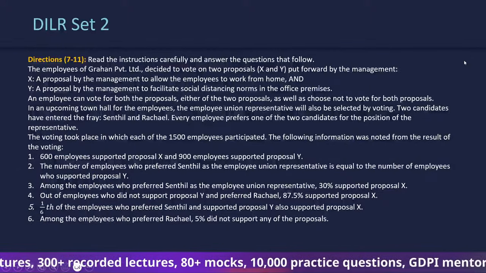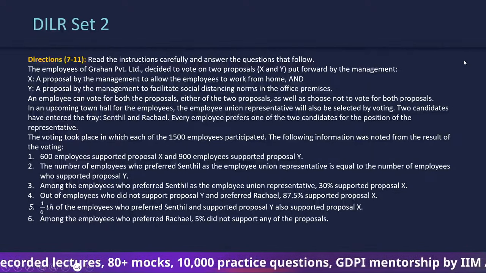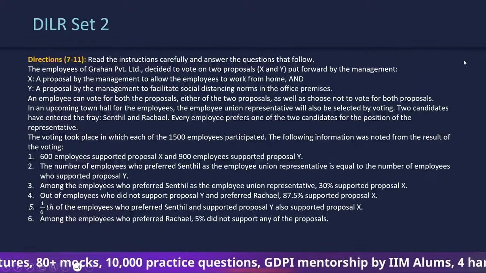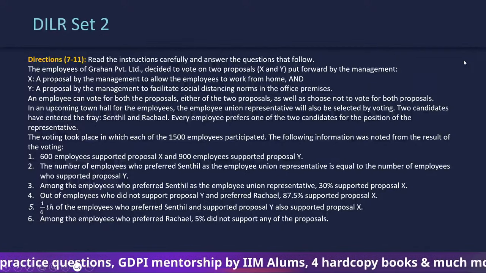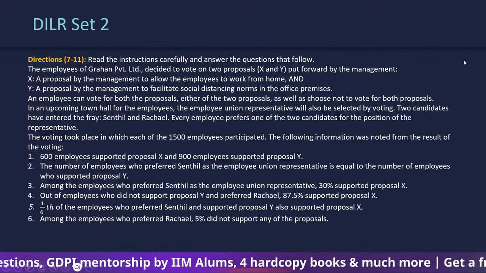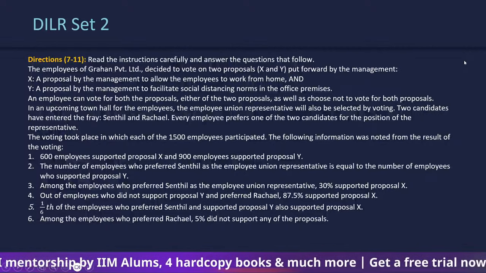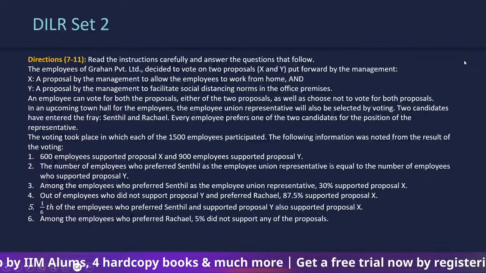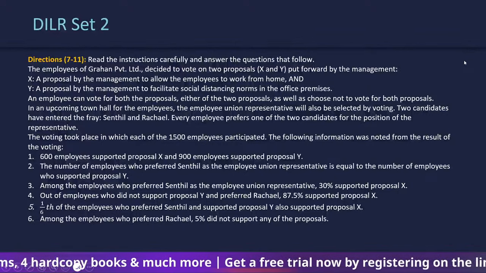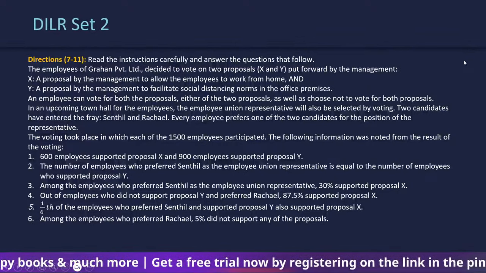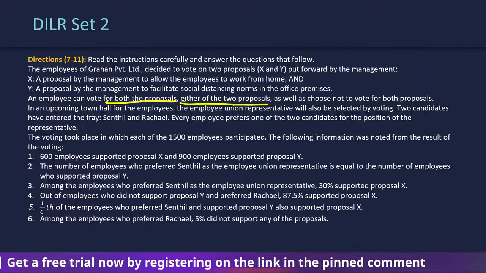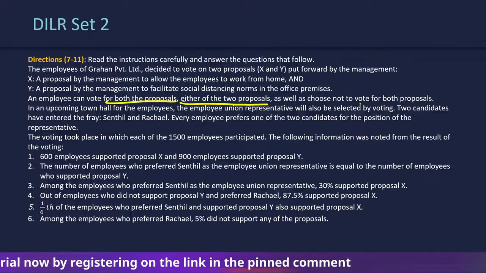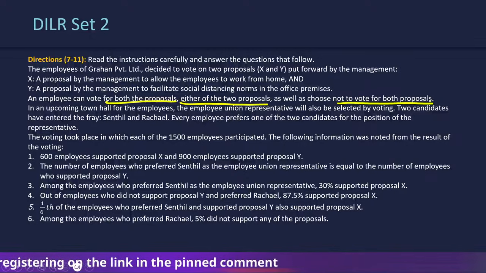Okay, the employees of Grahan Private Limited decided to vote on 2 proposals, X and Y, put forward by the management. X is a proposal which is to allow the employees to work from home, and Y is a proposal by the management to facilitate social distancing norms in the office premises. An employee can vote for both the proposals, either of the 2 proposals, as well as choose not to vote for both proposals.